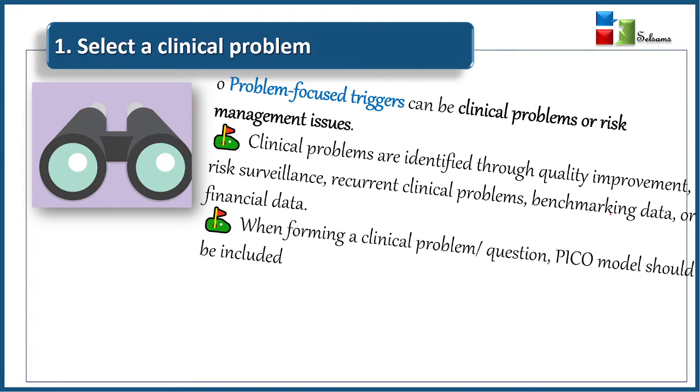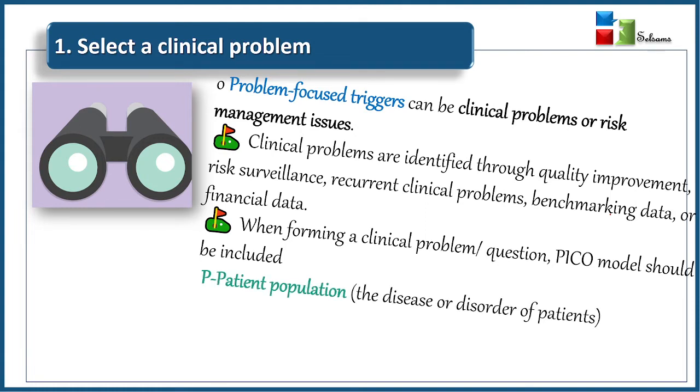So remember, when you're going to form a clinical problem or question, a PICO model has to be considered. So P stands for patient population, meaning the patient might be with a disease or some disorders. And I for intervention means you're going to give treatment to the patient, whether any procedure matters.